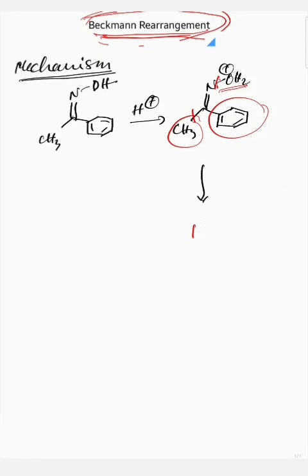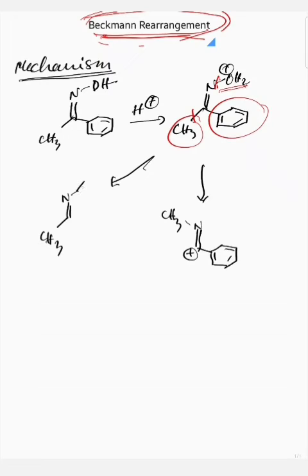So what will it form? It will form this, with the CH3 migrating and the phenyl group here, and a positive charge here, right? This could also have formed this, but this will not be formed.